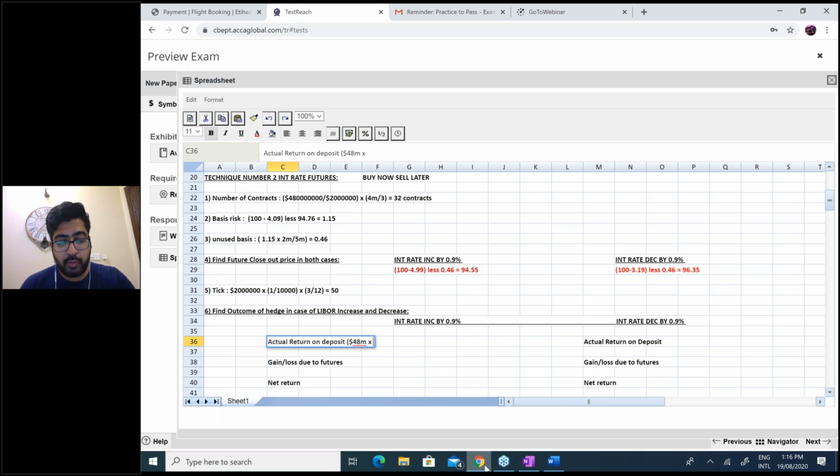So remember, as you did before, 4.79%. 48 million into interest rate into time period 4 months over 12 months. We have calculated this before: 766,400.